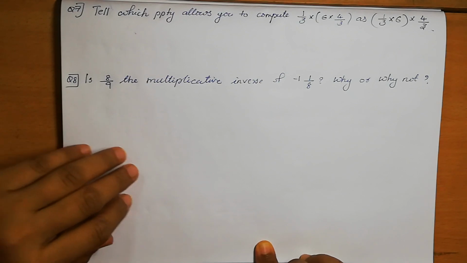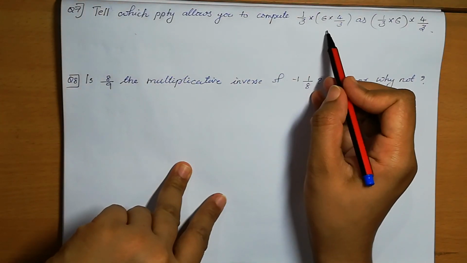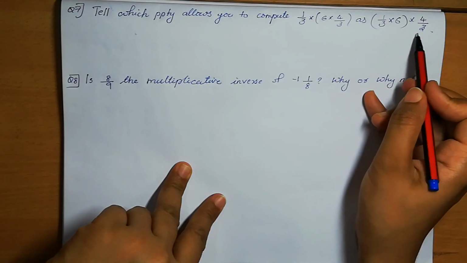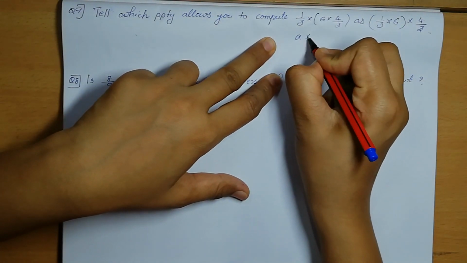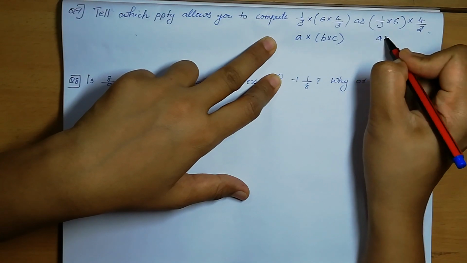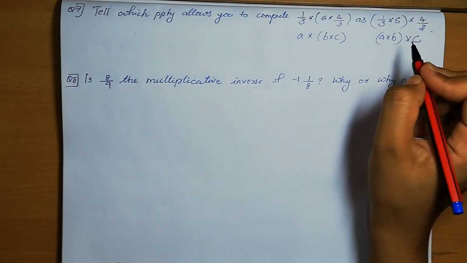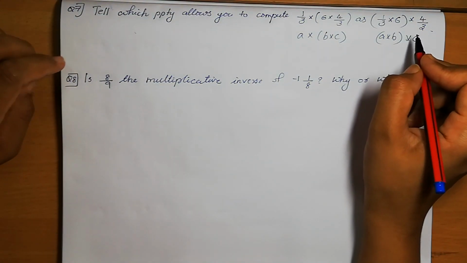Question number 7. Tell which property allows you to compute 1 by 3 into 6 into 4 by 3 as 1 by 3 into 6 into 4 by 3. So this is in the form of a into b into c. This is which property? Associative property, right? So which property allows you to compute this? Associative property.